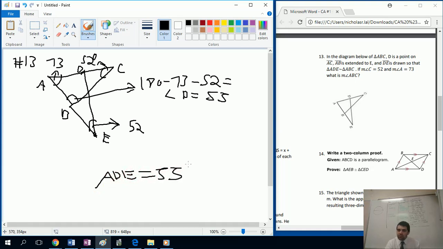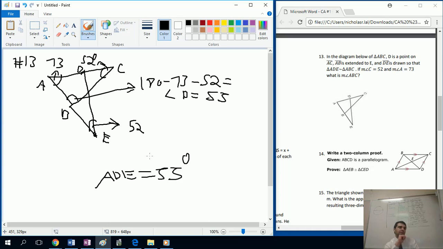So here's why. Measure A is 73, measure C is 52, and measure B is going to be 180 minus 73 minus 52, which means the measure of angle B is going to be 55.